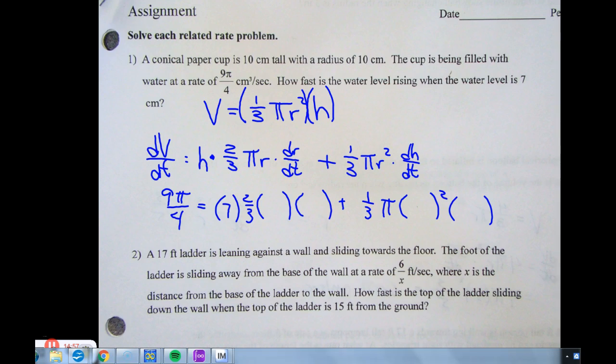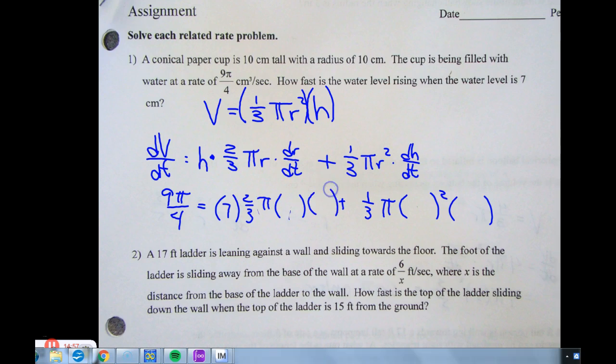This kind of gets to the root of the issue too. What is r?